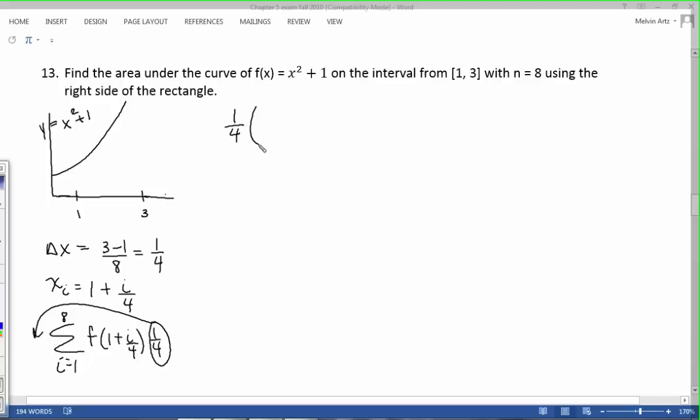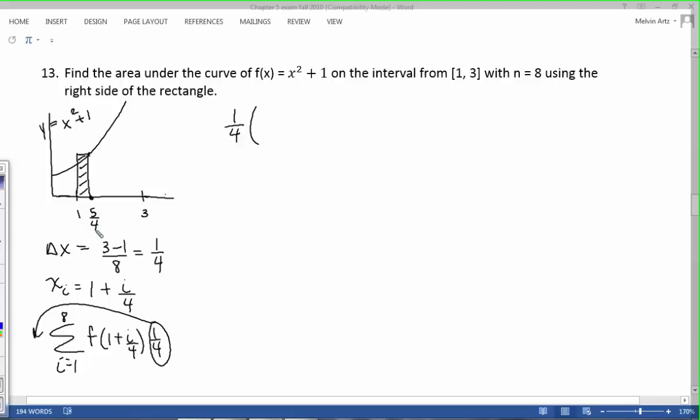And then looking at this graphically also, I just want you to see it visually. What we're doing here, we're finding the area of this rectangle. Now we're starting at 1, and we know the width is 1/4, so the value that we plug into the function to get the height of the rectangle would be 1 1/4, or 5/4.